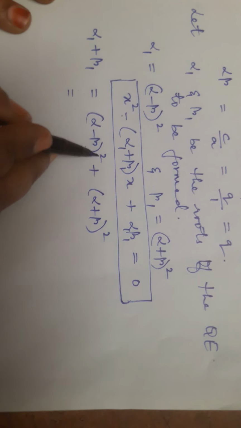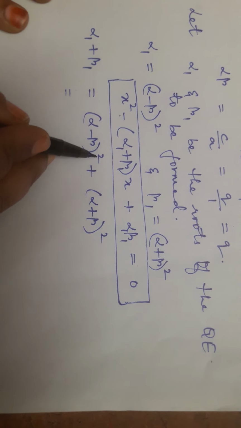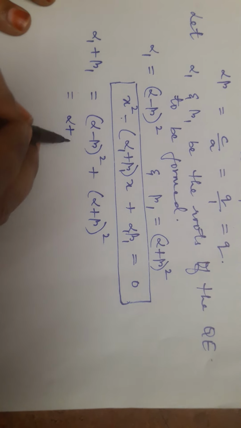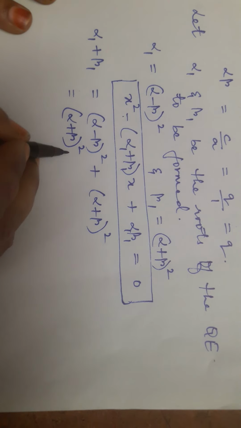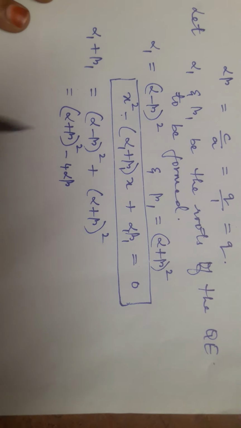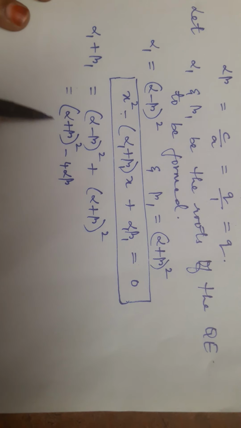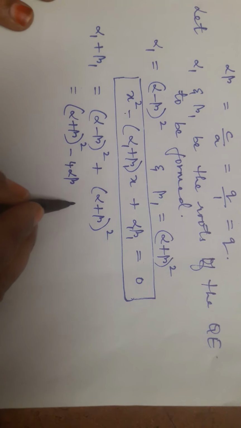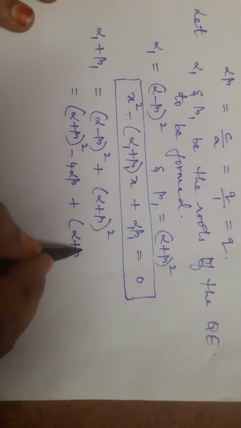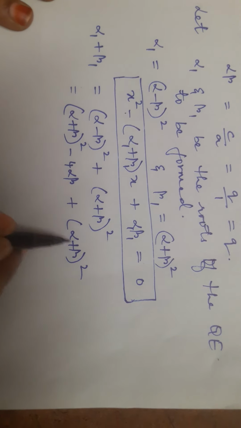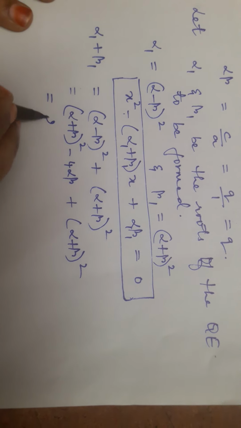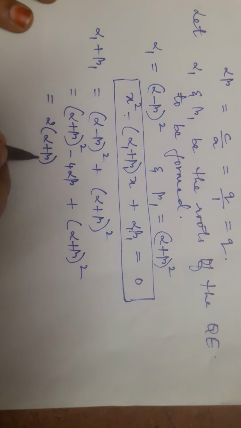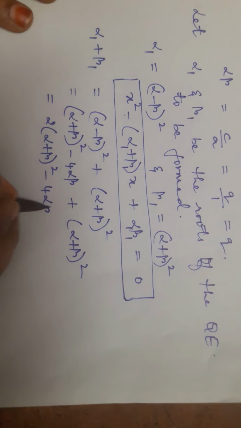Alpha minus beta whole square we have learnt in the previous session as alpha plus beta whole square minus 4 alpha beta. So this is alpha plus beta whole square minus 4 alpha beta plus alpha plus beta whole square. Here there are 2 alpha plus beta whole square, so 2 into alpha plus beta whole square minus 4 alpha beta.